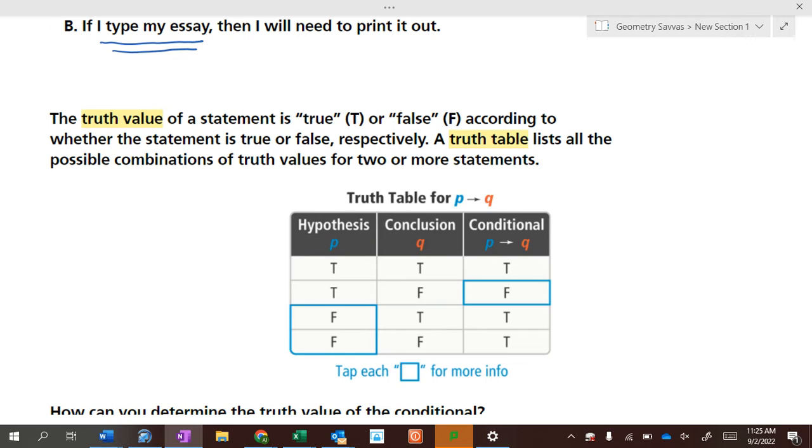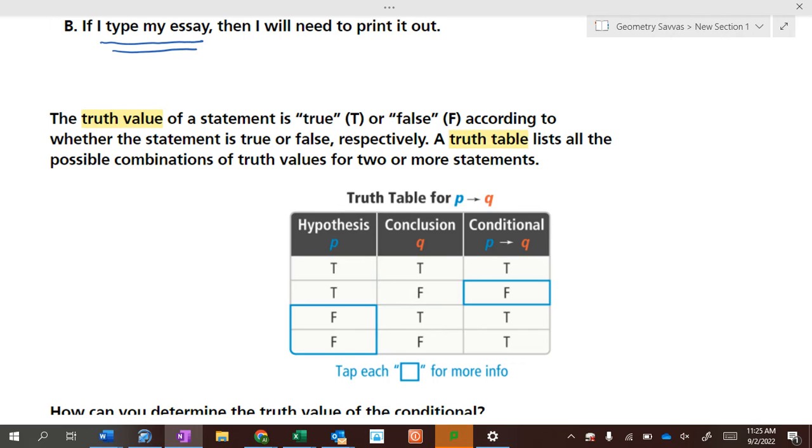A truth table lists all the possible combinations of truth values of two or more statements.